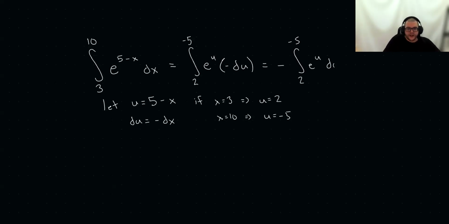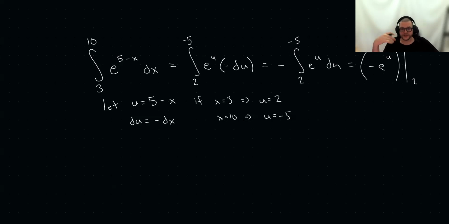This now is an elementary integral. So I know what this will come out to. It's just minus, well, the integral of e to the u is e to the u, because the derivative of e to the u is e to the u. So I have that as my antiderivative, and I evaluate that between 2 and -5.